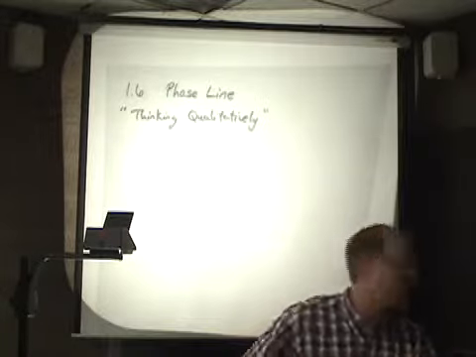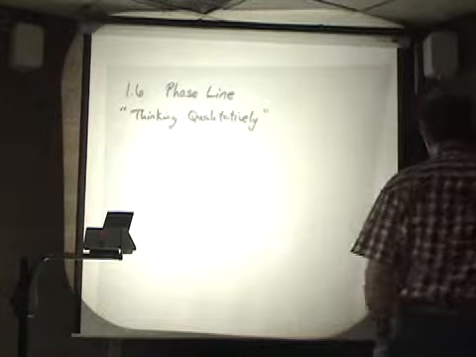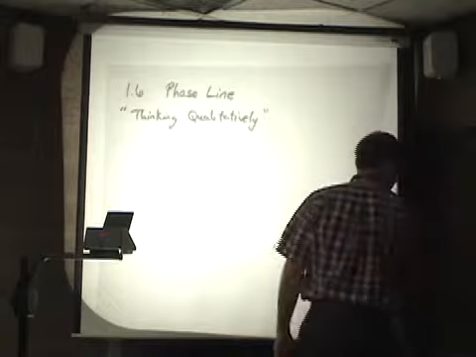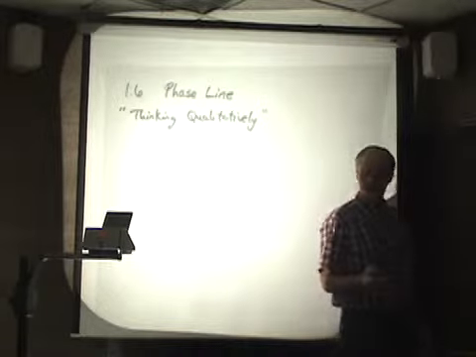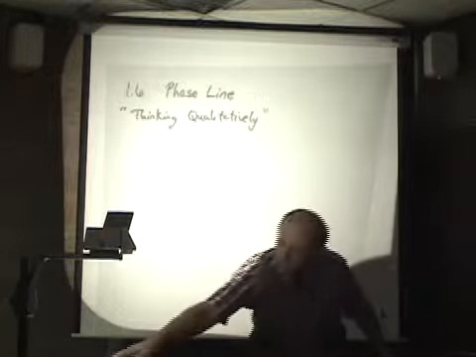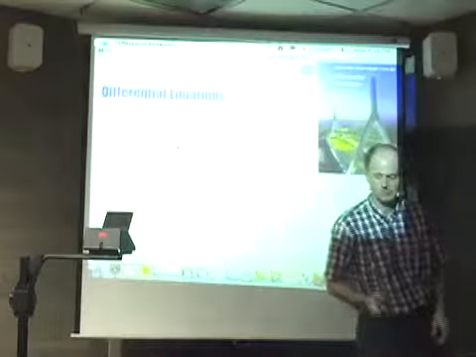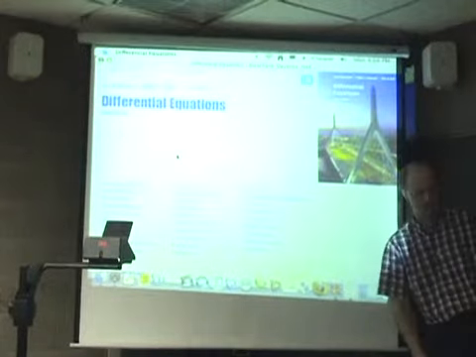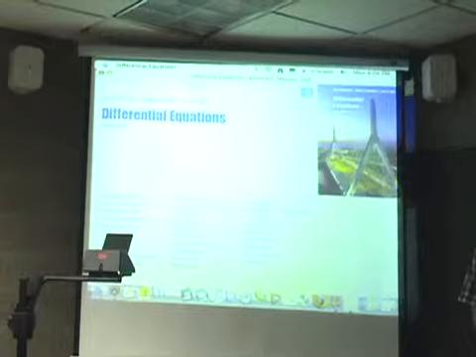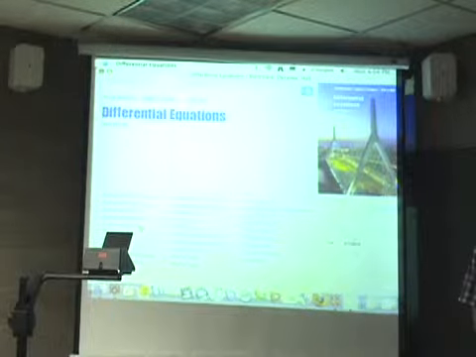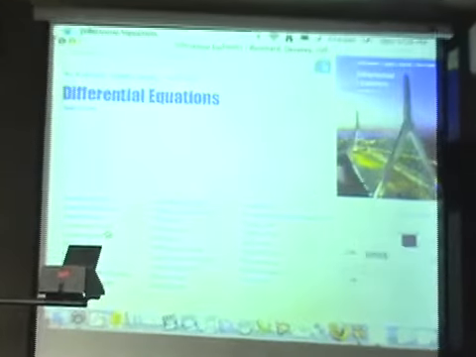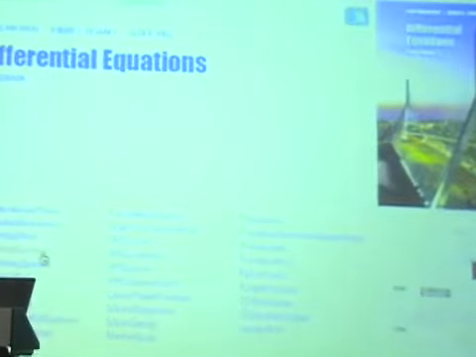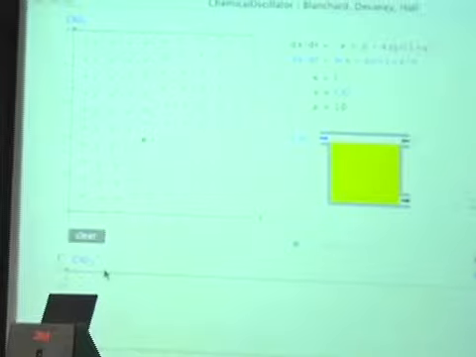I want to motivate it by showing you something from the CD-ROM. In a number of these programs on the CD-ROM, there's something called a phase space that we are viewing.